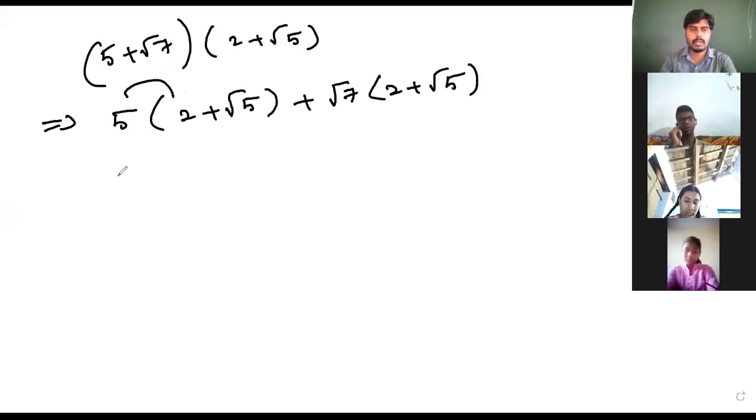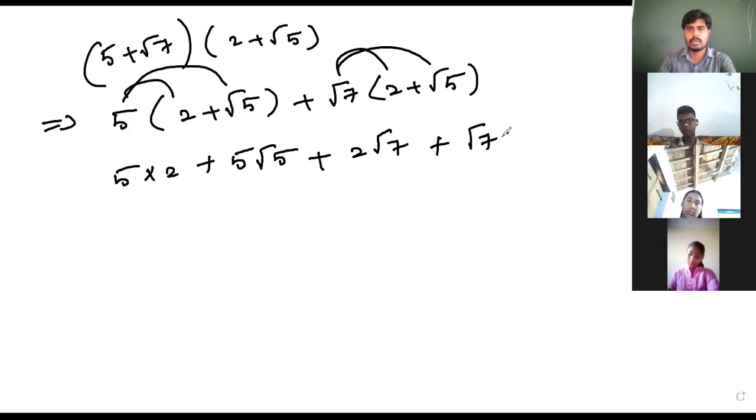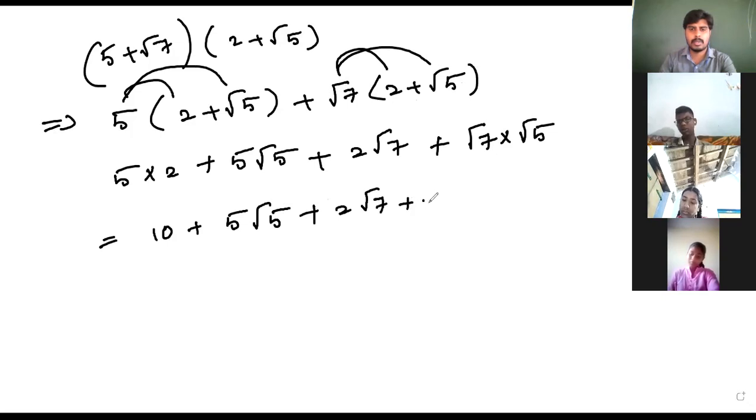Okay, now 5 into 2 plus 5 into root 5, plus root 7 into 2, that becomes 2 root 7, and plus into plus only, root 7 into root 5. Now it becomes 10, and this is as it is 5 root 5, plus this becomes 2 root 7, plus root 7 into 5.